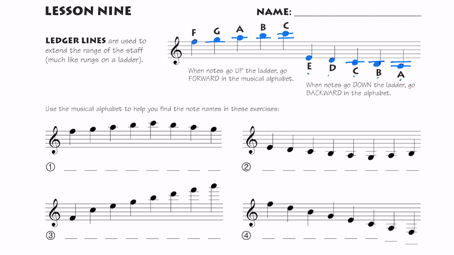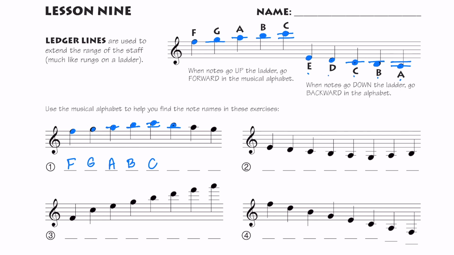All right, now we're going to use our musical alphabet to name the notes that are going above and below the staff. You have to know your first note, which is F. Now I'm just going up, above G, my first ledger line, A, above that ledger line in the space, B, 2 ledger lines, C, now I'm going back down.